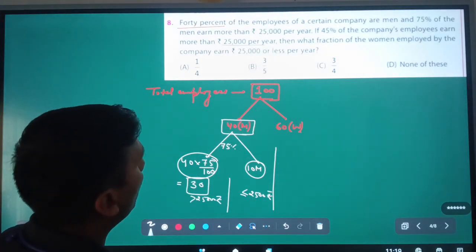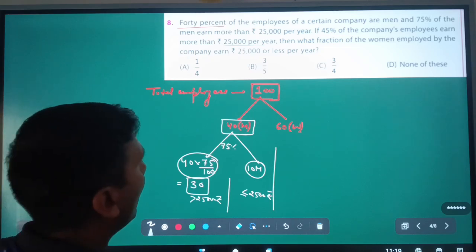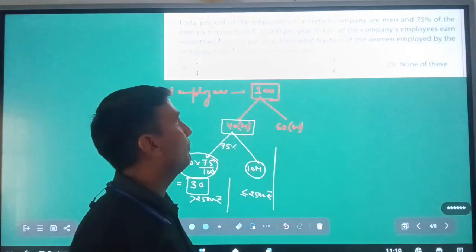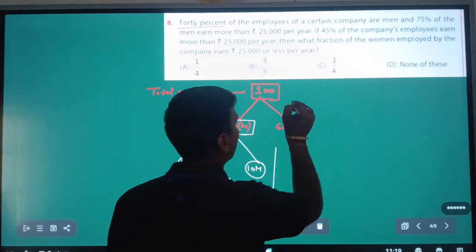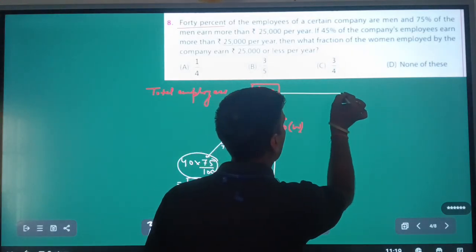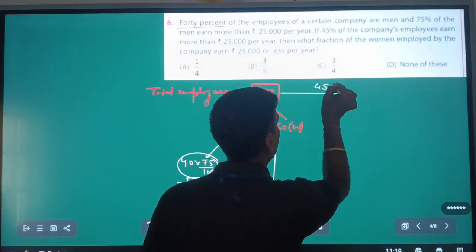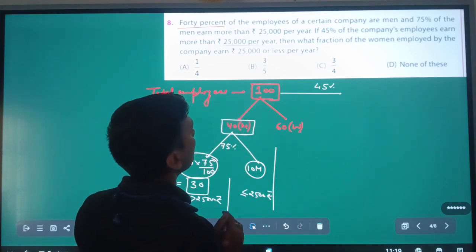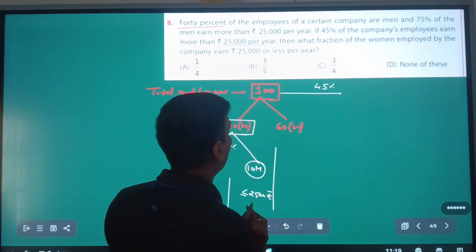What about the women? 45% of all employees, again they are dragging us to the total number of employees. So another category: 45% are getting more than 25,000.